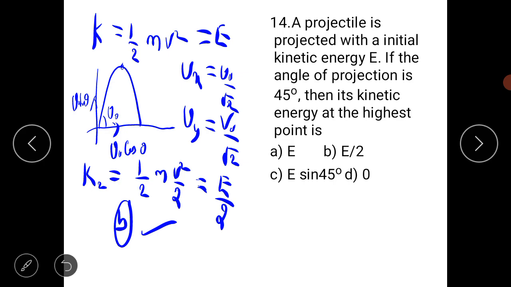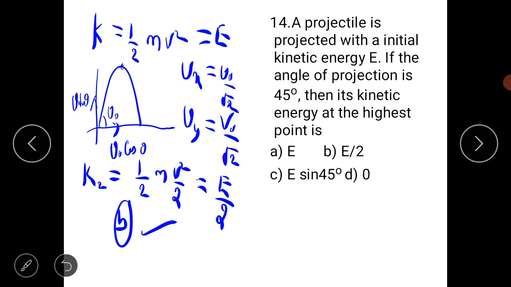Understood? In case of projectile motion, only the acceleration due to gravity acts for vertical motion, and the acceleration along the horizontal direction is 0. So at the highest point only the vertical component is 0, and the horizontal component remains the same throughout the motion. You must remember this.